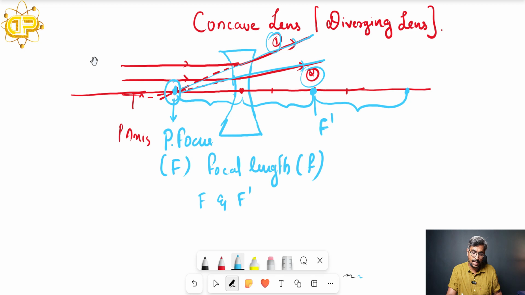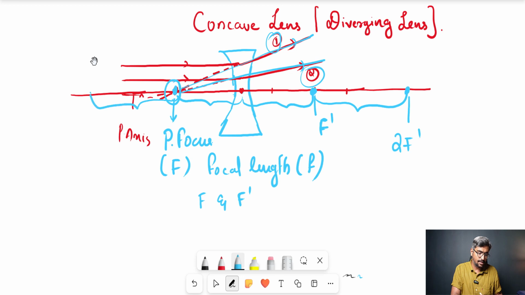There you will get another point, 2F dash, and here, exactly the same distance, you will get another point, 2F. So in the case of the convex lens also, you get 2 more points, 2 times the principal focus, that is 2F and 2F dash. These are the points that we need to study while studying lenses.